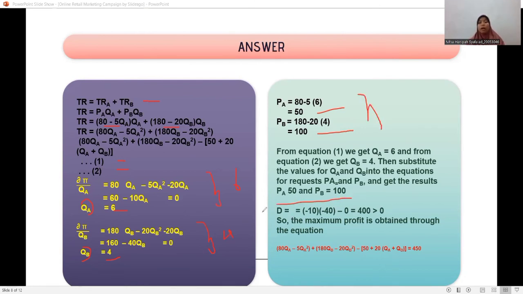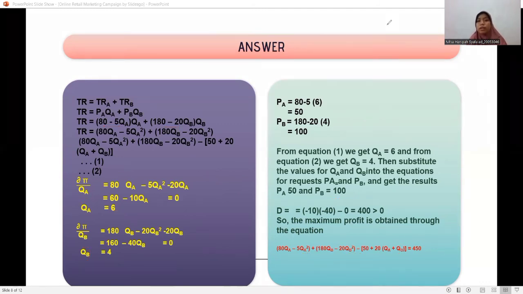So the maximum profit is obtained through the equation. After we calculate, the result is 450.